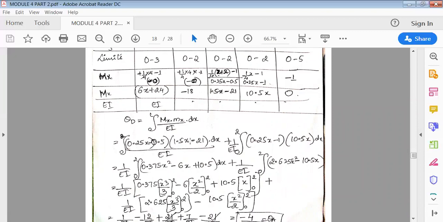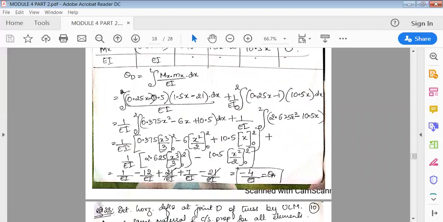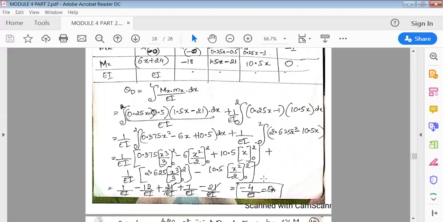Again, simplify this, open the brackets and multiply, here also open brackets and multiply. Then go on solving this. In the end, when you solve, the answer you get is minus 4 over EI. This is theta A. So theta A, the rotation or slope, is minus 4 over EI. The minus sign indicates it is an anti-clockwise rotation.